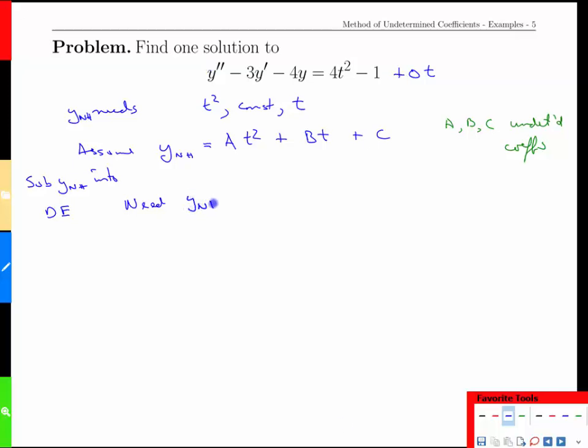So we're going to need y prime, which will be 2at plus b, and we'll need its second derivative, which will simply be 2a. All right, we have our differential equation.